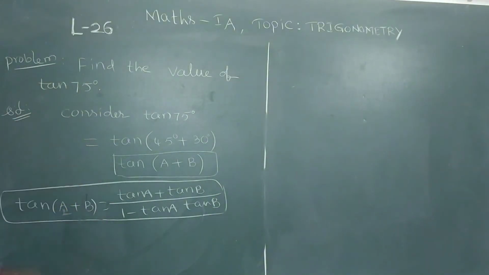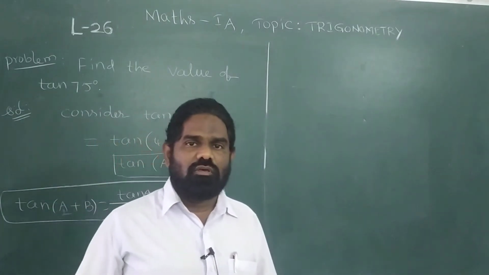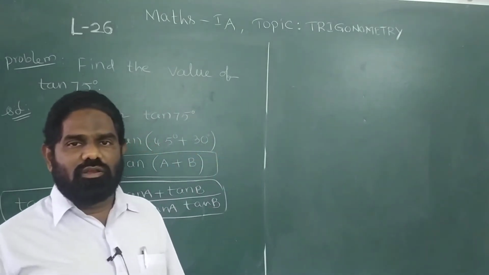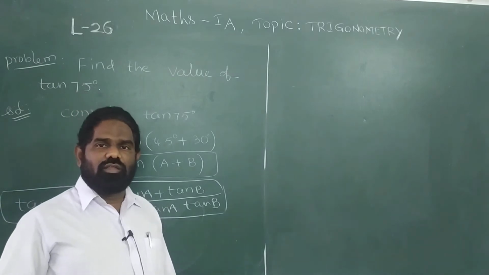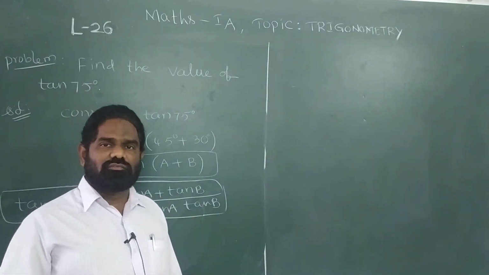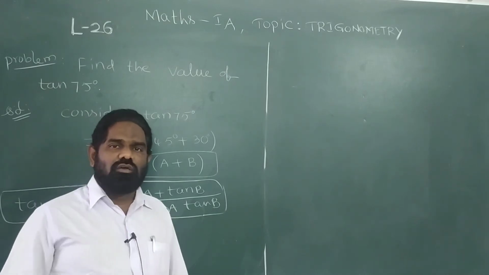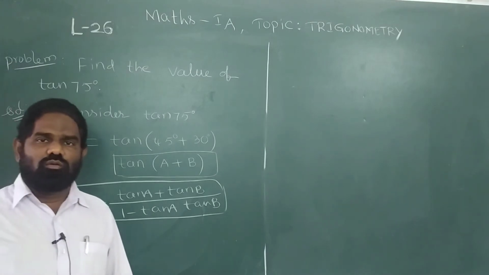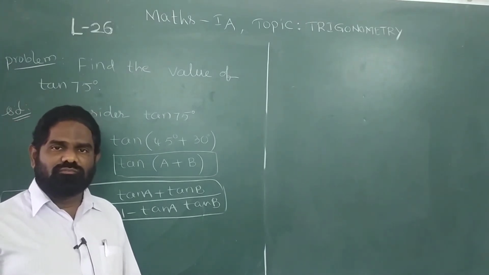A value is 45 degrees, B value is 30 degrees. We know the values of trigonometric ratios for 0 degrees, 30 degrees, 45 degrees, 60 degrees, 90 degrees. With the help of these values, we are going to find unknown values. Now that unknown value is tan 75 degrees.